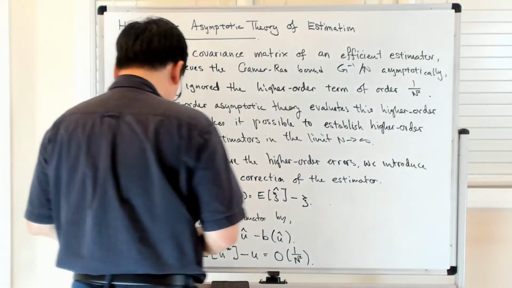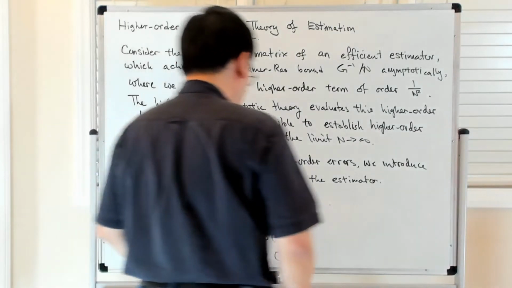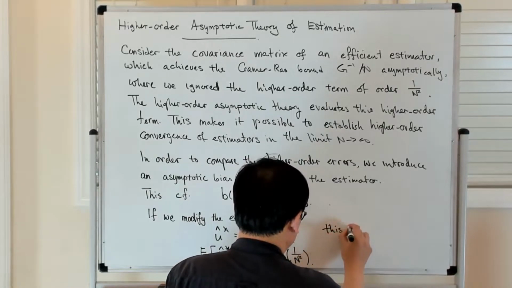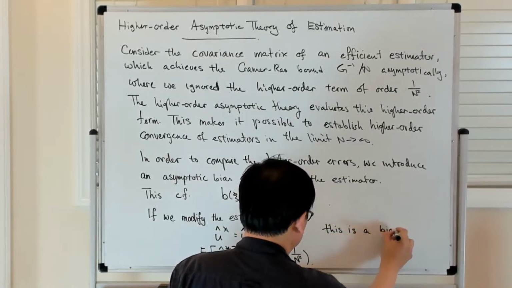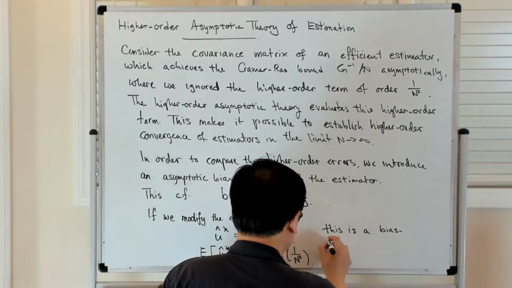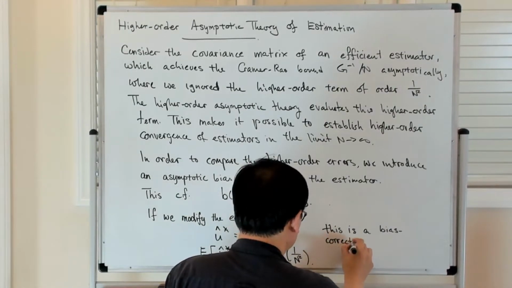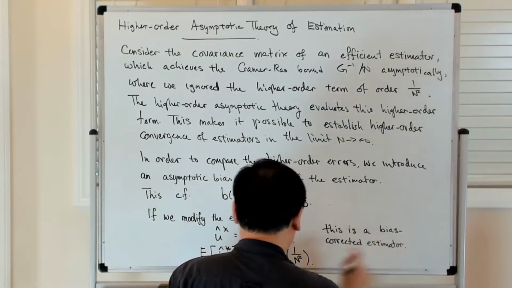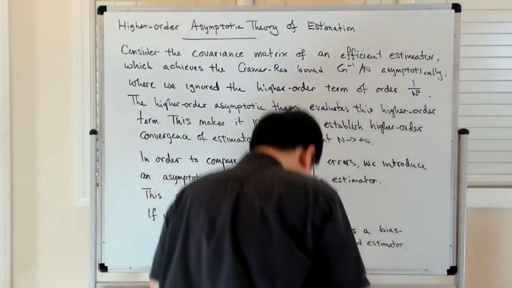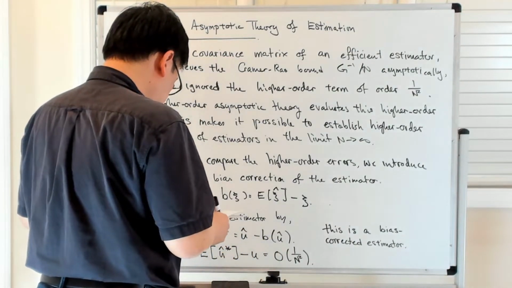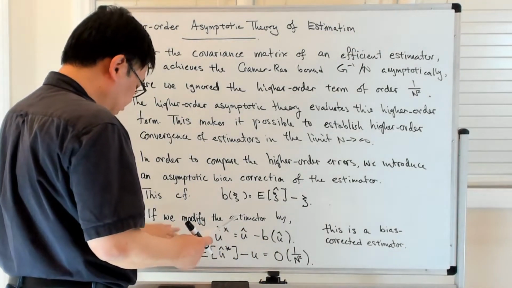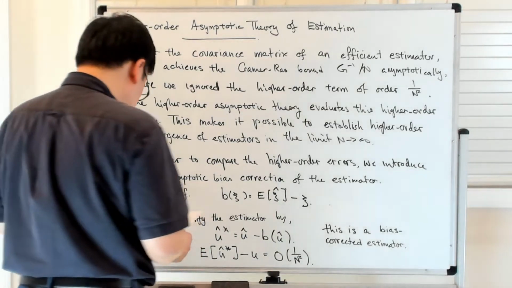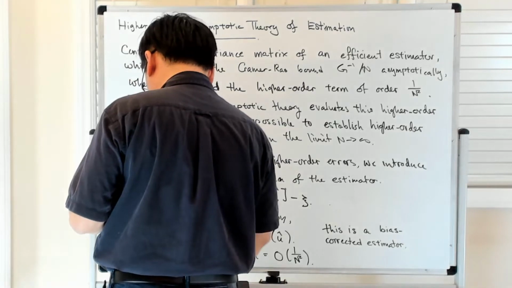Okay, so this is called a bias corrected estimator. So if you want to compare these covariances of the various efficient estimators, we're going to use this bias corrected estimator.